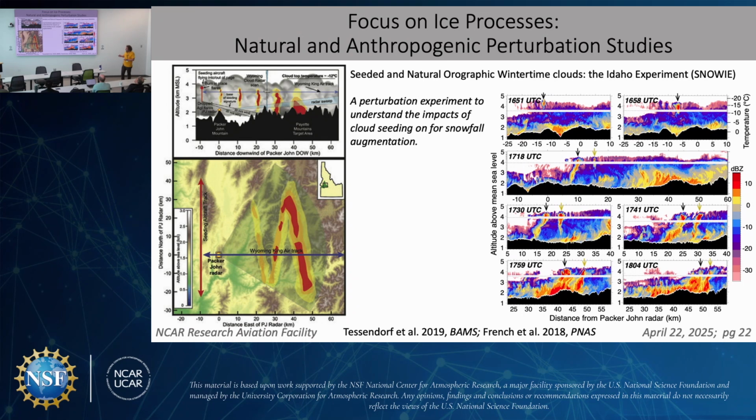And this is where I want to introduce a little bit of the observations that we took in SNOWIE. So SNOWIE, the Seeded and Natural Orographic Wintertime Clouds: the Idaho Experiment, was a cloud seeding study where we're introducing silver iodide into an otherwise natural orographic cloud that is occurring over the mountains.